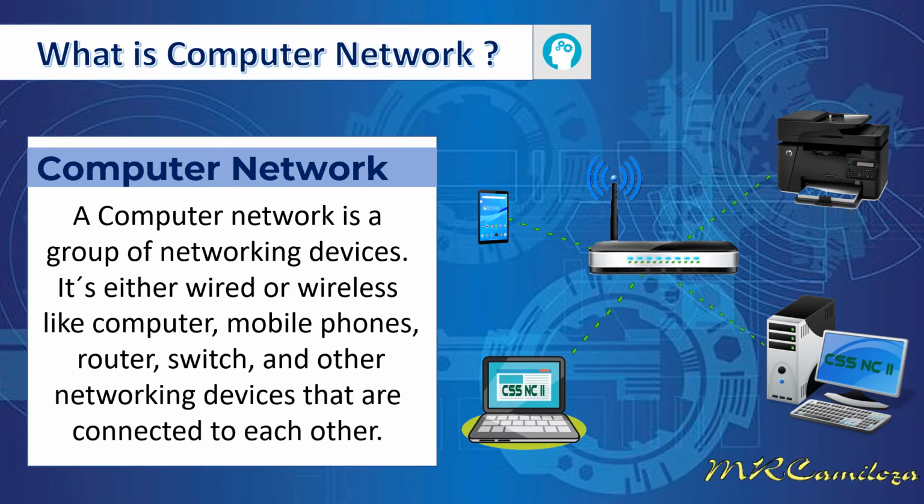In computer networks, computing devices exchange data and information with each other using the connections between the nodes or the pathways. These data links are established over wired or optical cables or wireless connections such as Wi-Fi.